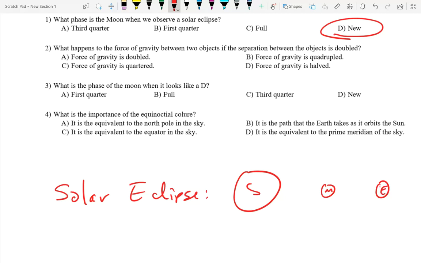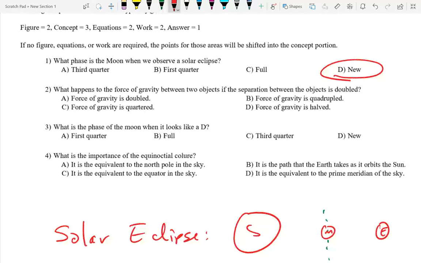Clearly, this is not drawn to scale, so that the shadow of the moon is falling on the earth. And so if you are on the earth, you're seeing the side of the moon that the sun does not see. Hence, the moon is not bright, it's dark. That's the new moon.